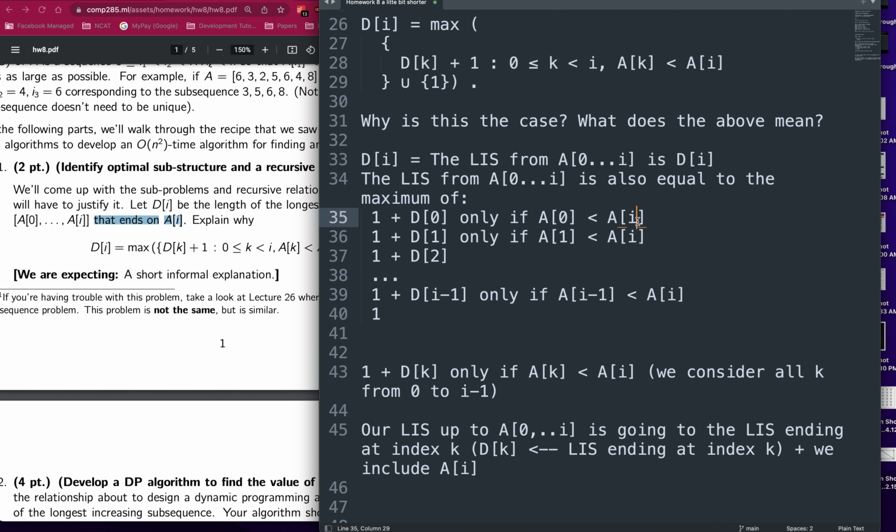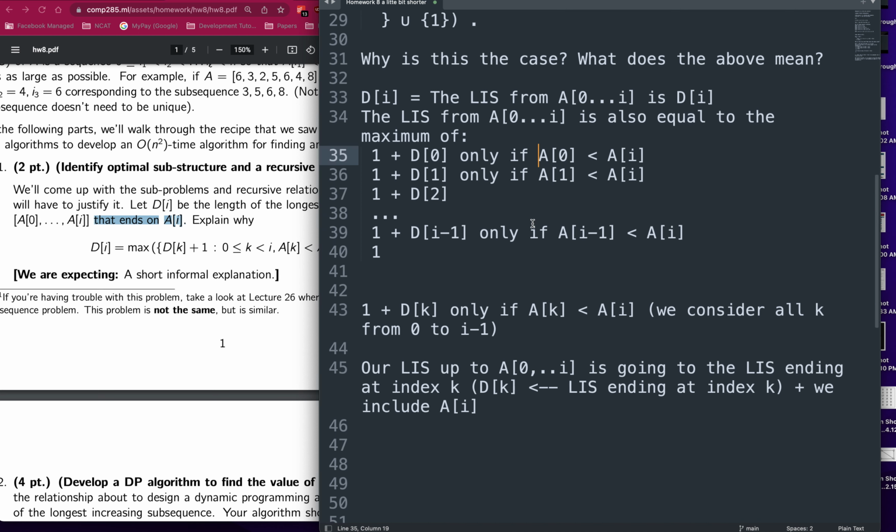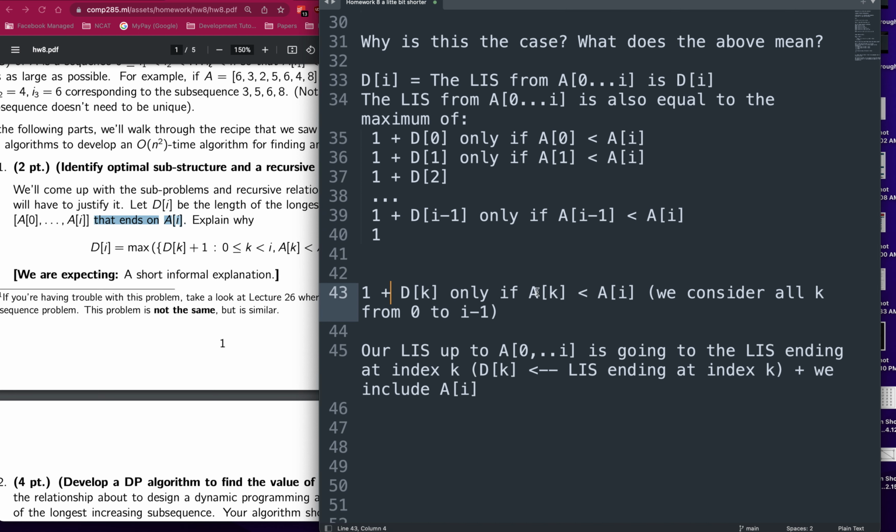So we only look at previous elements that are smaller. We iterate over all these k, and if you're smaller, you could be the previous element in the longest increasing subsequence.